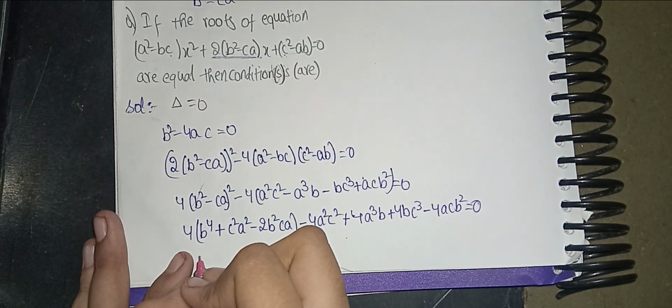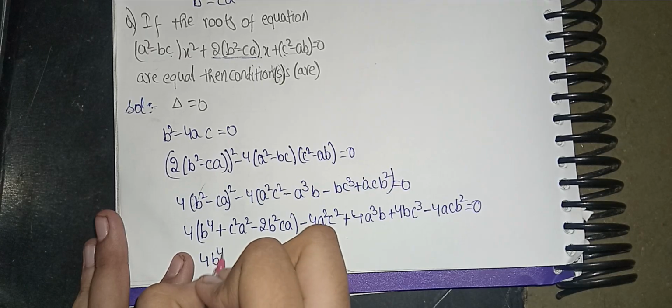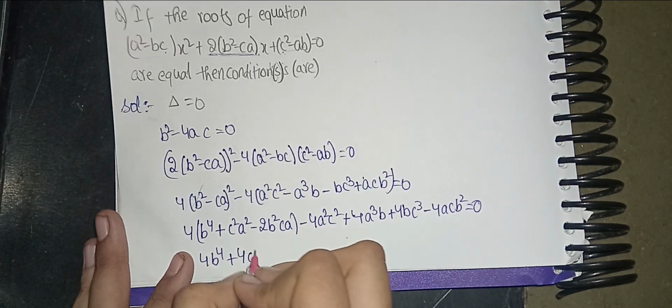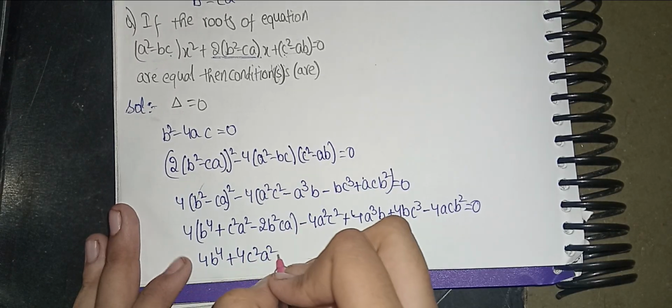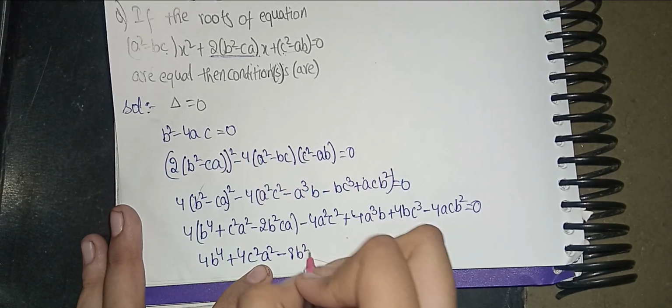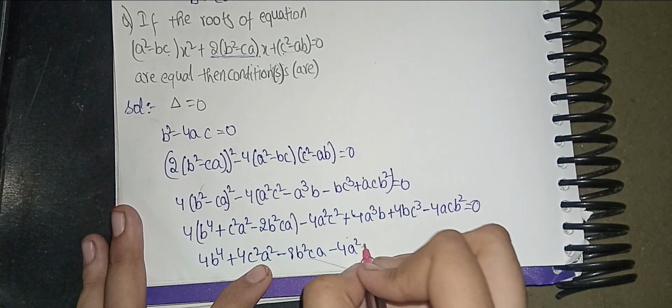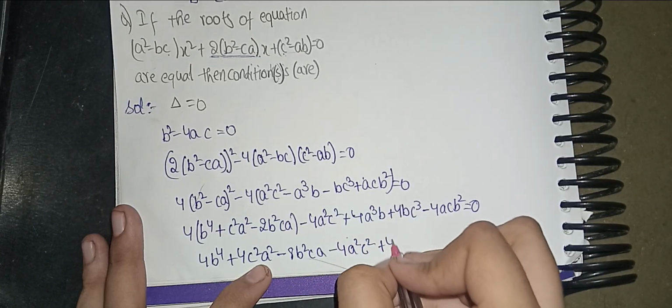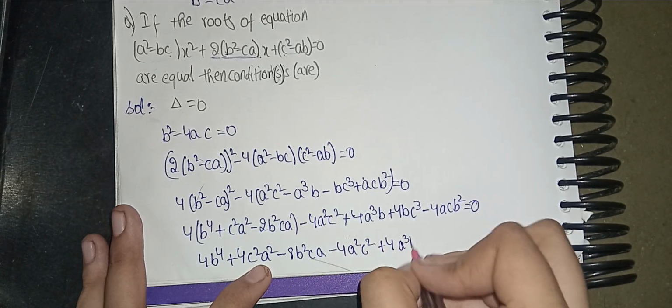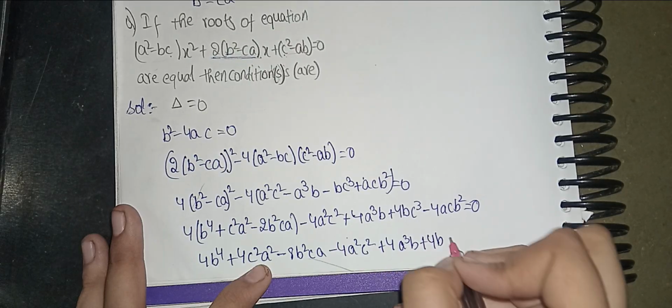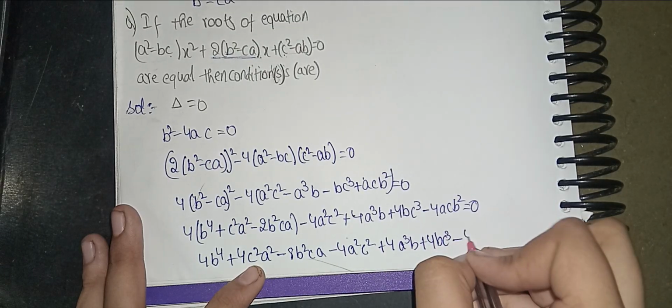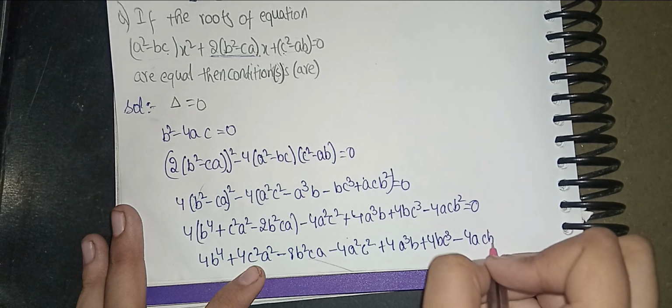Means 4b power 4 plus 4c square a square minus 8b square ca minus 4a square c square plus 4a cube b plus 4bc cube minus 4acb square.